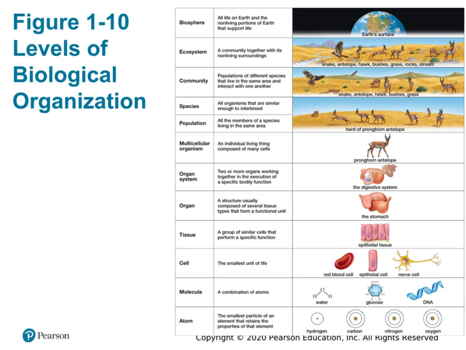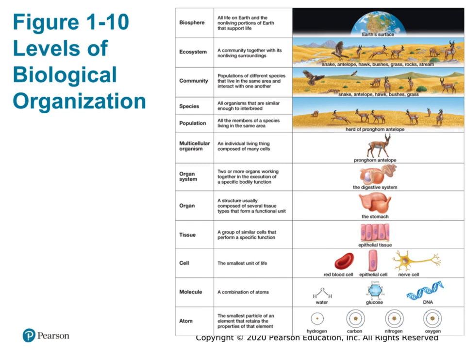Looking at multiple organisms in a similar geographic area working together, that's a community. Usually, a population is made up of only one species, and so those species have to be interacting to be looking at a community, but a single population is just made up of one species that are all organisms similar enough to interbreed.